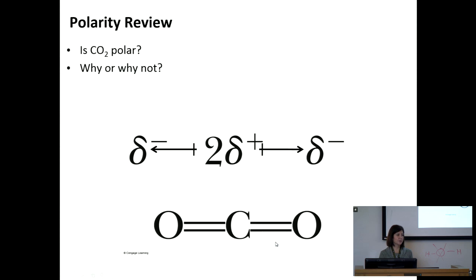Remember your vector geometry? I'm not so concerned about the partial charges. I'm just saying that it's pulled this way and pulled this way. And remember your vector geometry. Look, now we're pulling in algebra stuff. We pull everything together in this class.